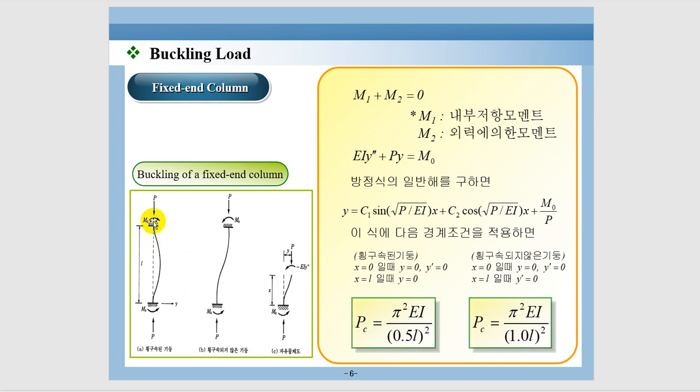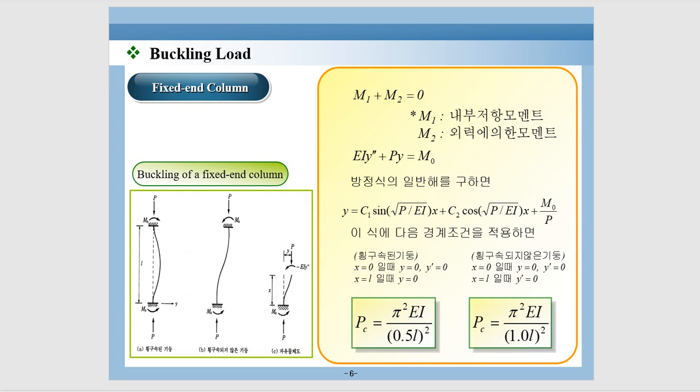When you have fixed conditions, your Euler load becomes this. The Euler load increases, right? So this is a 1/2, and the square is 4 times here. Actually, the Euler load increases 4 times over the other one.